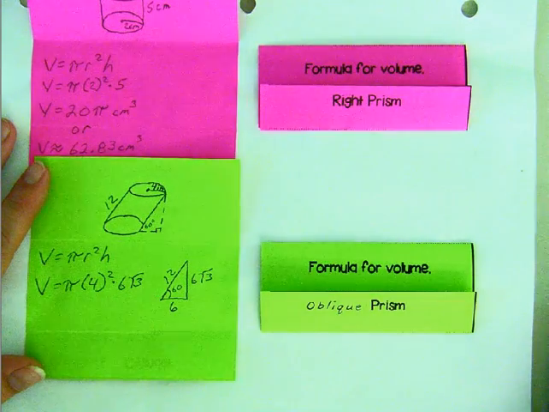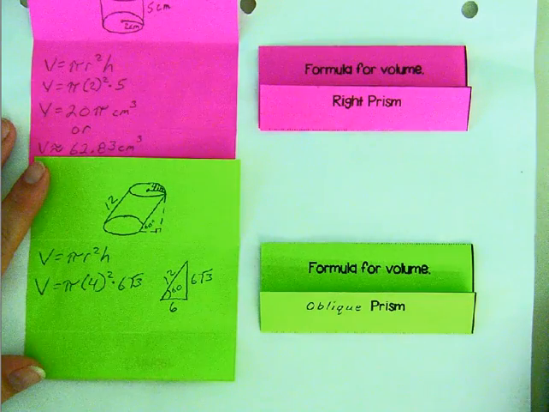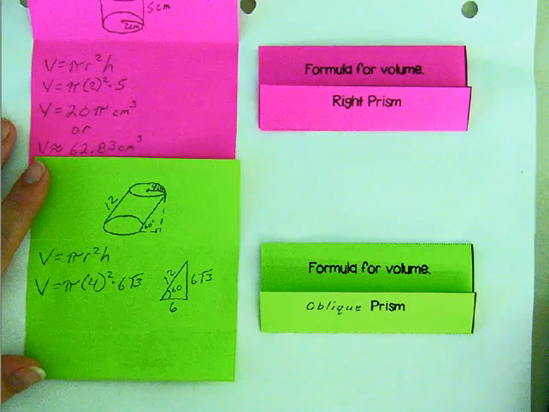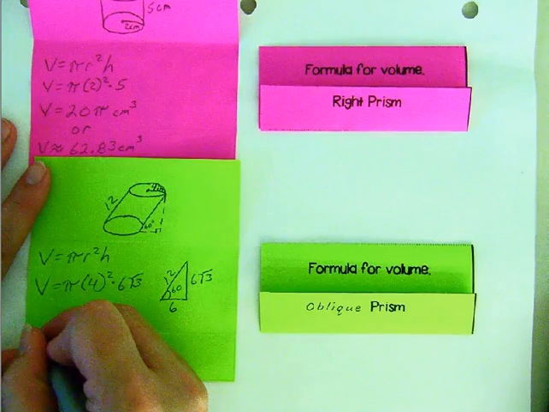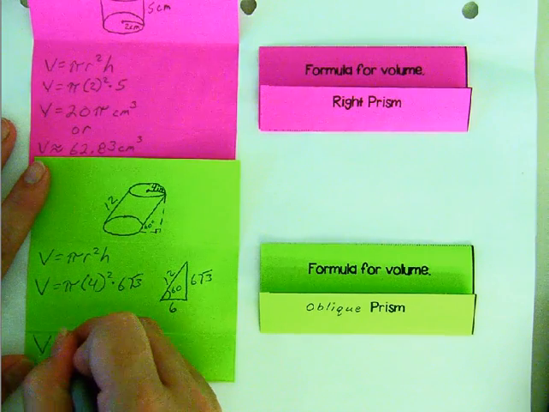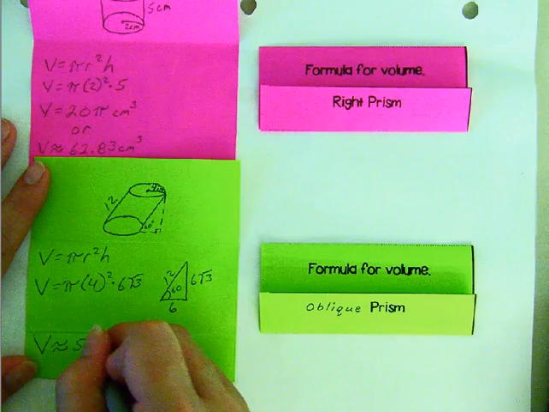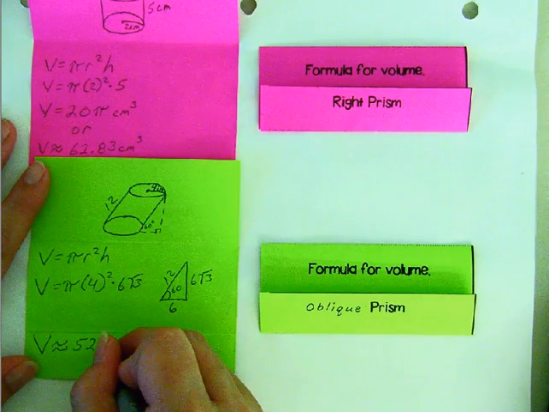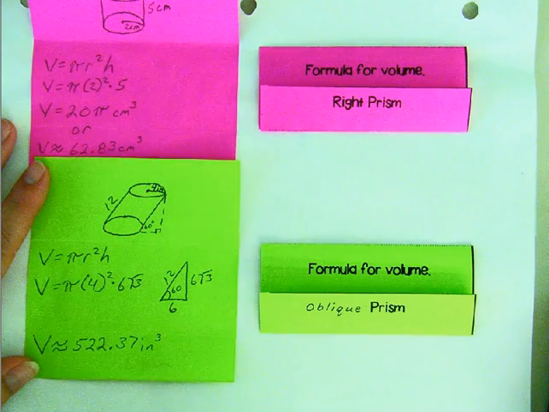I'm going to go ahead and take that times my pi, because I'm going to have to round my answer anyway. And I get 522.37 if we round it to 2 places. So V is approximately 522.37 inches cubed.